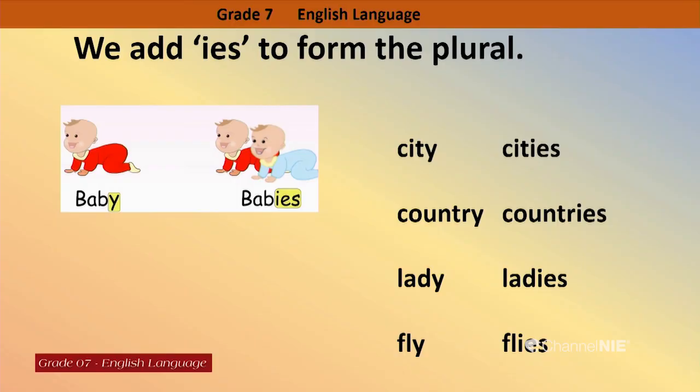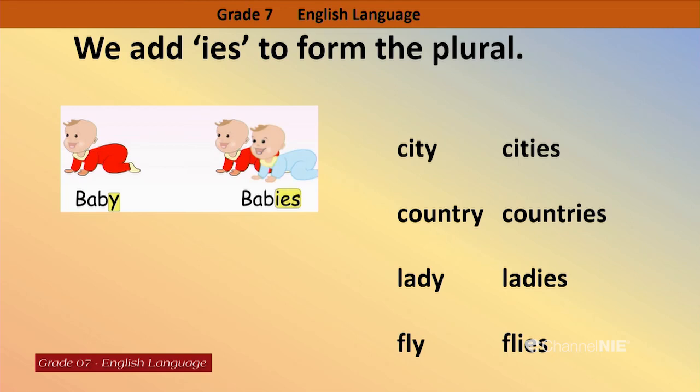There are 2 babies. How do you write the plural? B-A-B. We omit Y and add IES. Y is omitted, it is left out. IES, 3 letters are added. Now, you can see some examples. City, cities.